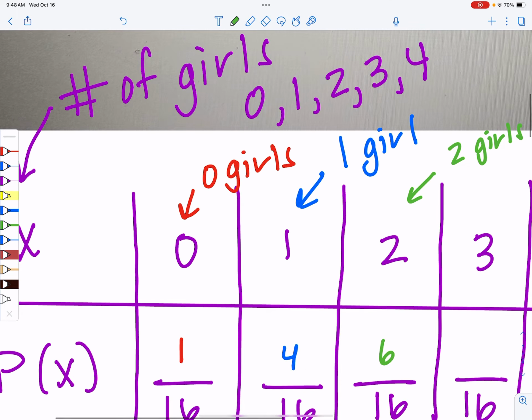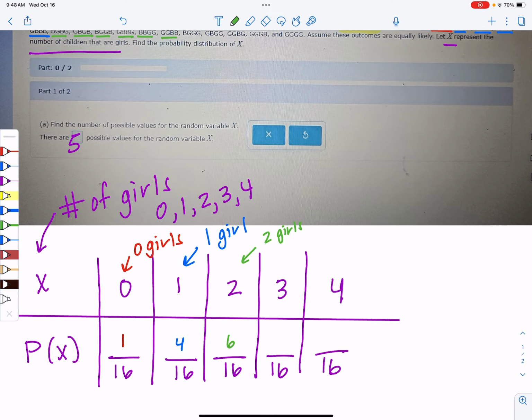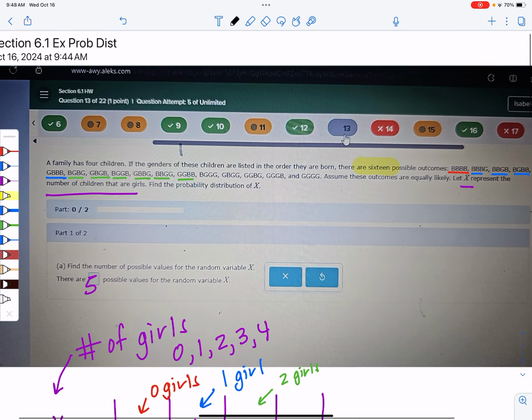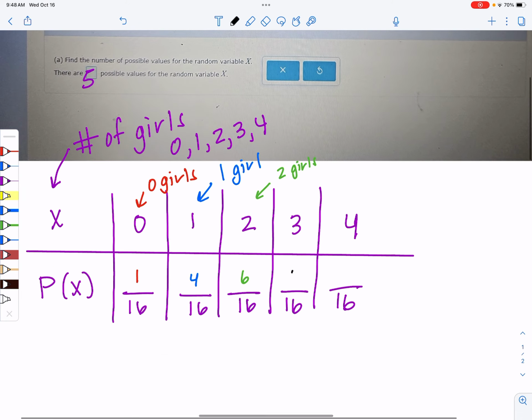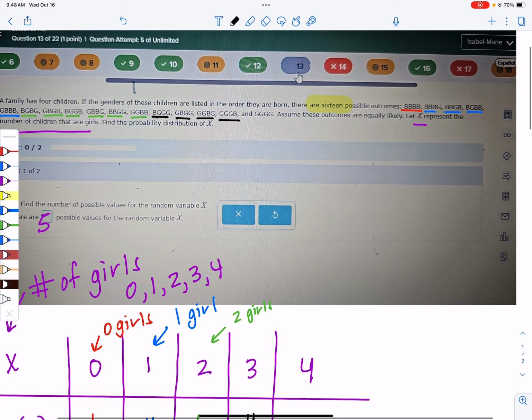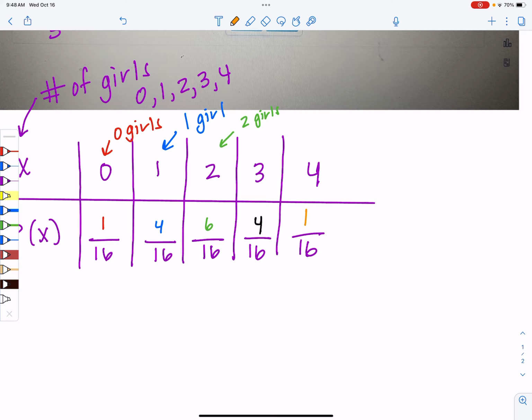We're doing exactly 2, not 2 or more, right? Exactly 2. And then let's just finish this out. If we want to look at 3 girls, there's 1, 2, 3, 4. And then our last one would be that all 4 are girls. And so we've got 1 possibility there.